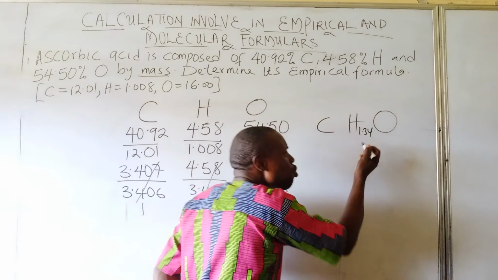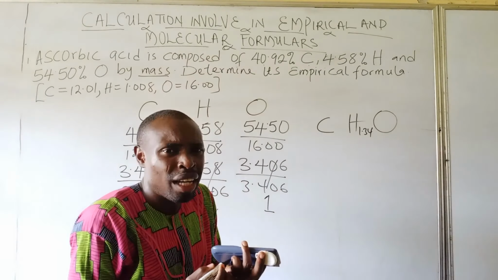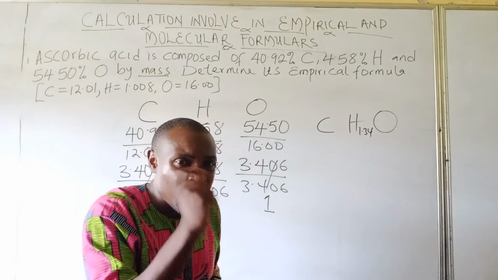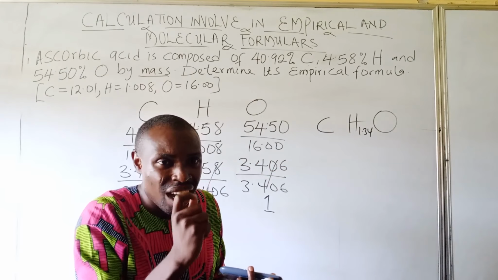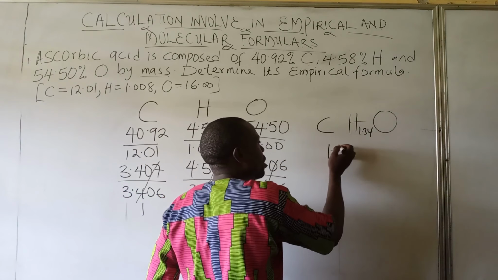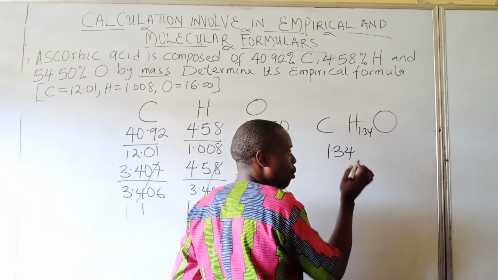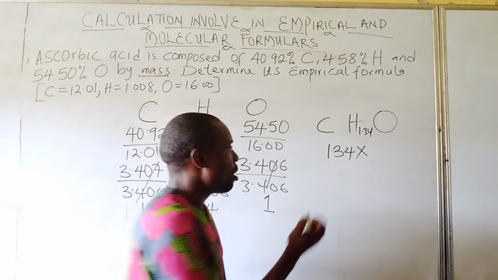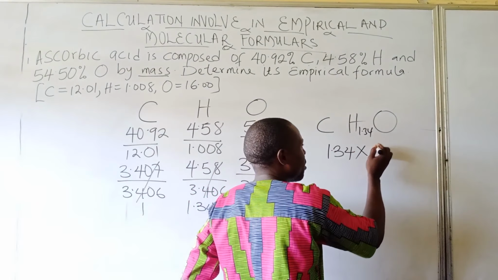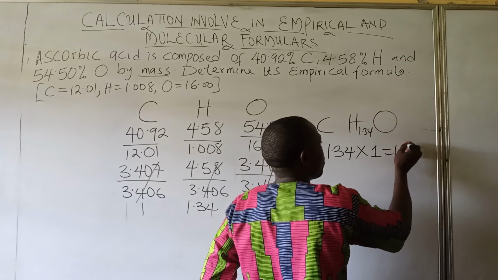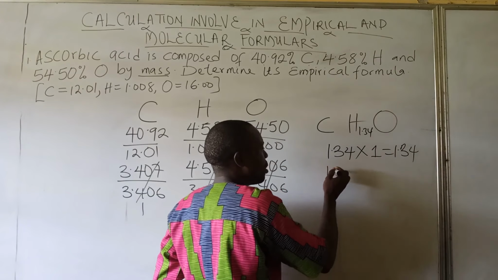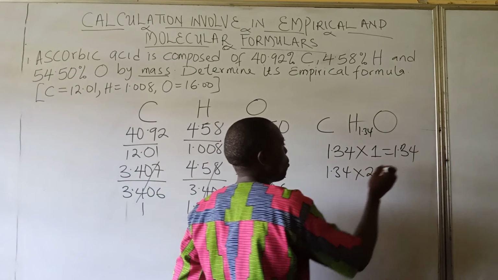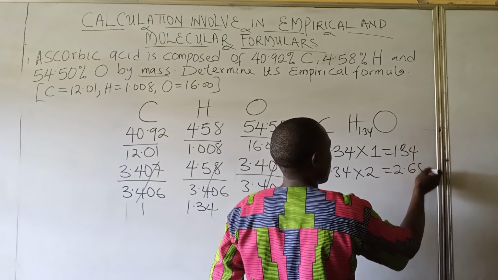Now you look for a whole number that you use to multiply these with, that will give us a whole number or an integer. So here is 1.34. We are using the trial and error method here. 1.34 times 1 gives me the same 1.34. 1.34 times 2 gives me 2.68.